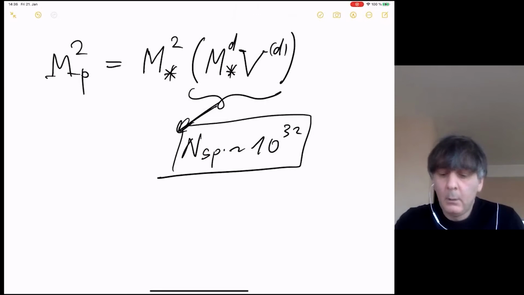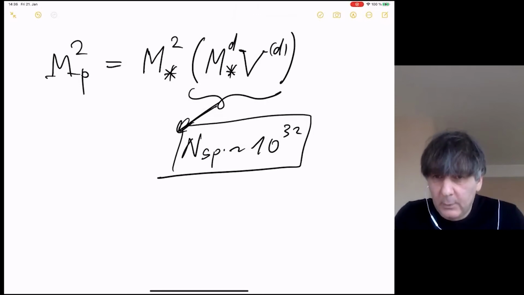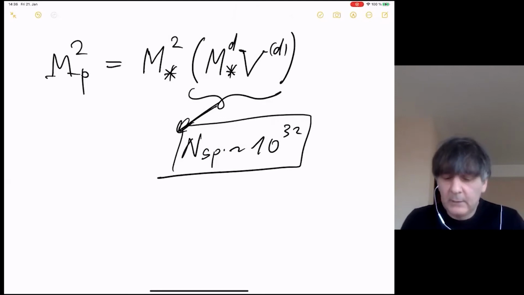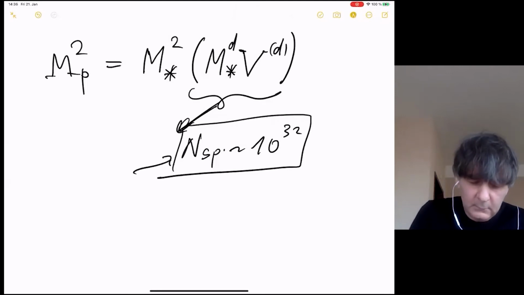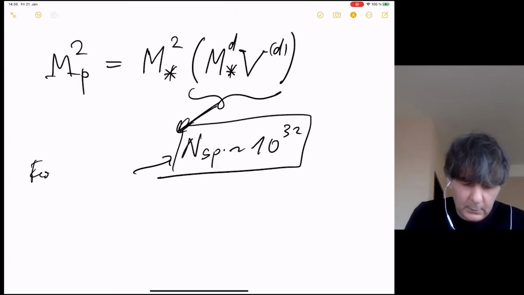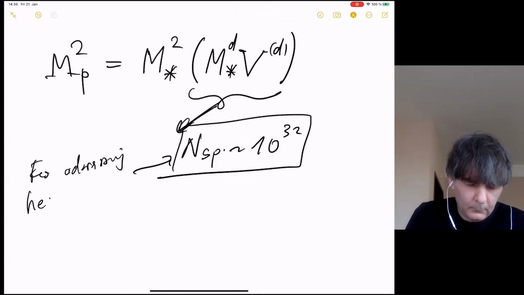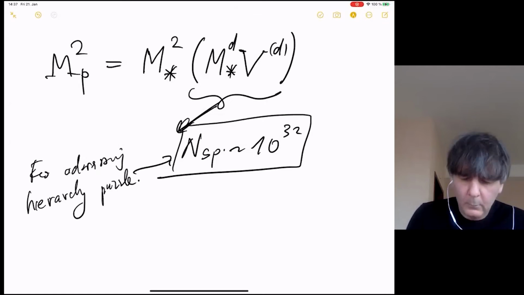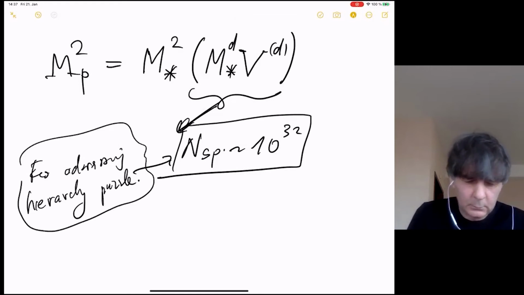Of course, the relation is true for arbitrary compactification radius. This is a universal relation, but for addressing the hierarchy, this number has to be large.